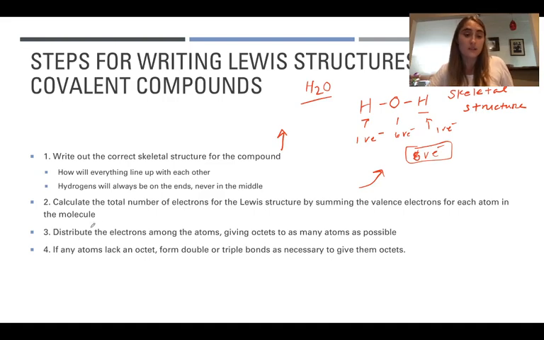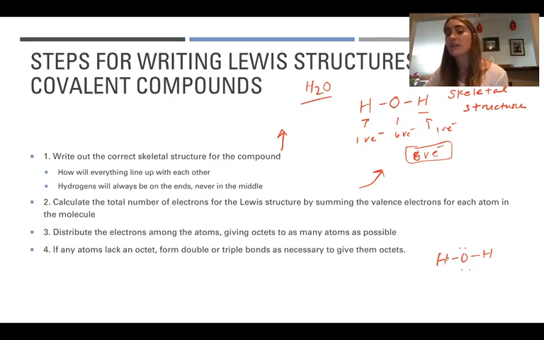Step 3 is to distribute the electrons among the atoms, giving everything an octet, or as many as possible. So in this case, I draw this outline, and this is where I'm going to distribute my valence electrons. I needed 8, and I have 2, 4, 6, 8.